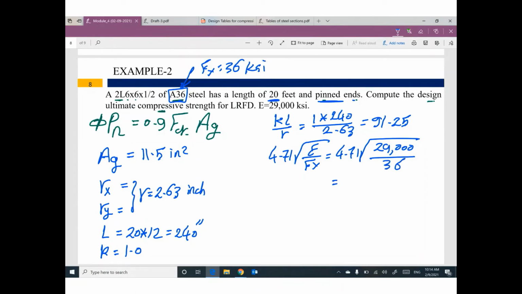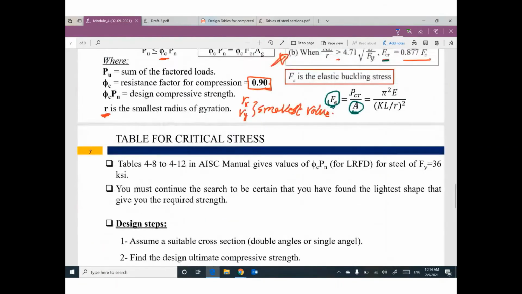Can you give me the value? 29,000 divided by 36, square root, times 4.71, equals 133.68. So the final conclusion: KL divided by R, which is 91, is smaller than 4.71 square root E divided by F yield, which is 133. So you are, okay, yes.